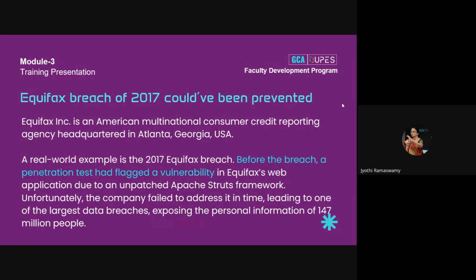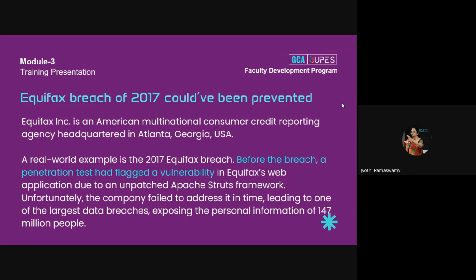They could identify it only after a long period, I think 3 or 4 months, that this vulnerability was continuously being exploited and the data stored in their database was being copied. In total, the personally identifiable information of 147 million people was affected.